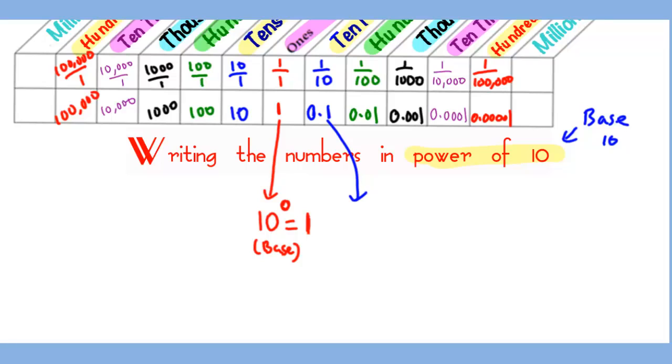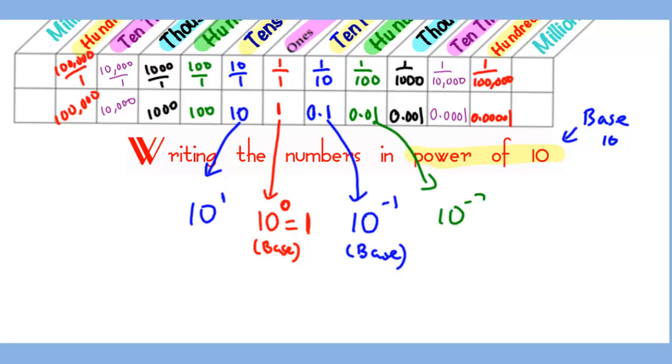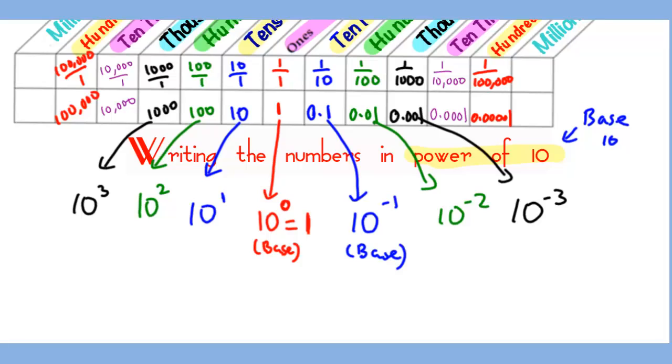Followed by this one, which is 10 to the power of negative 1, and the one on the left is 10 to the power of 1 to get a 10. To continue, this is 10 to the power of negative 2, and the one on the left is 10 to the power of 2, which is a positive number. Then on the right side, 10 to the power of negative 3, and this one is 10 to the power of 3 as a positive number.